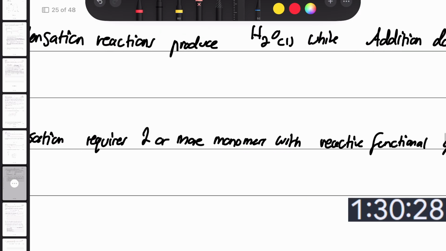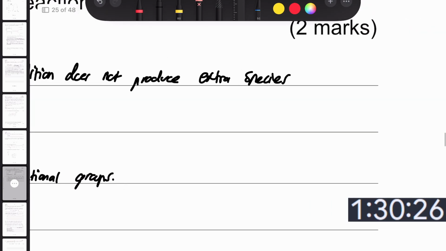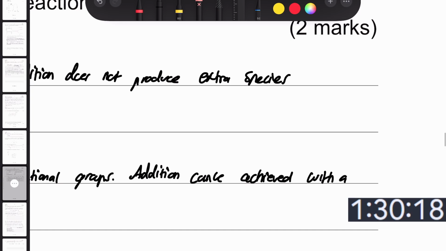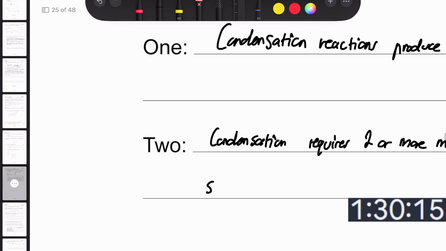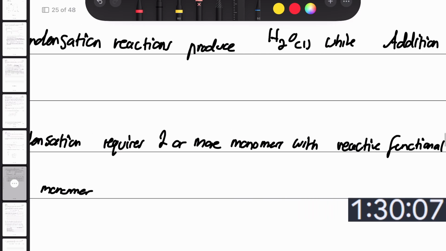And then you could say that addition can be achieved with a single monomer, while condensation requires monomers with reactive functional groups.